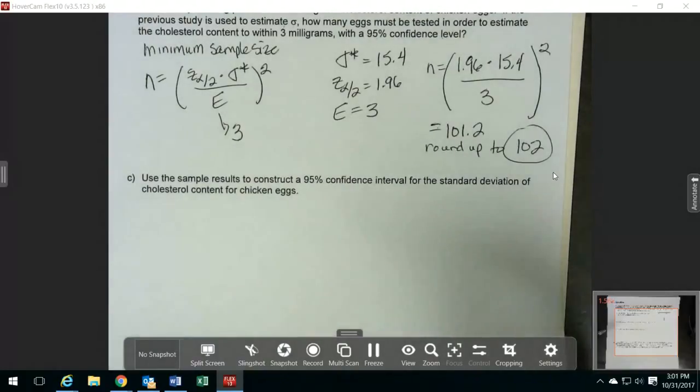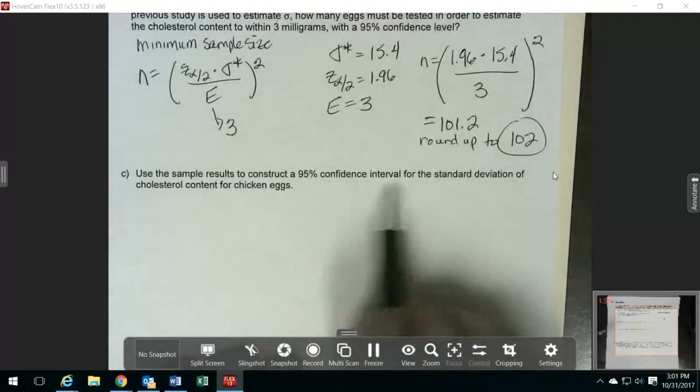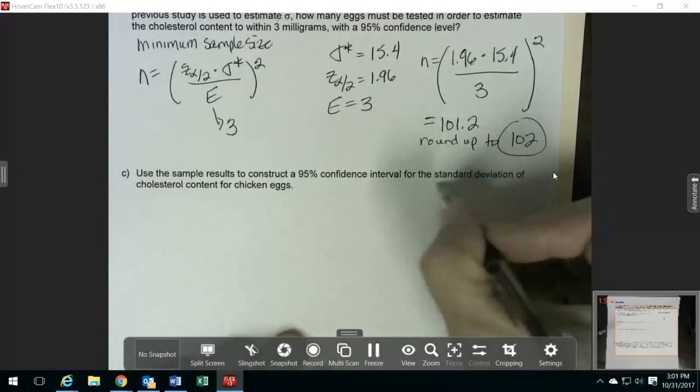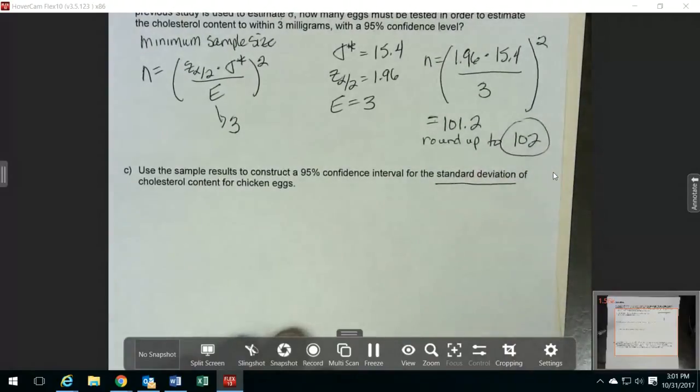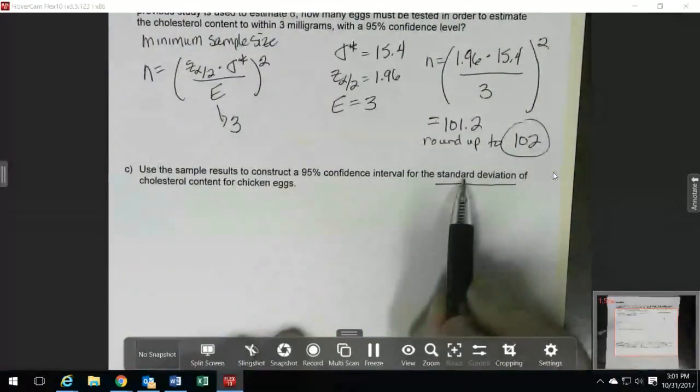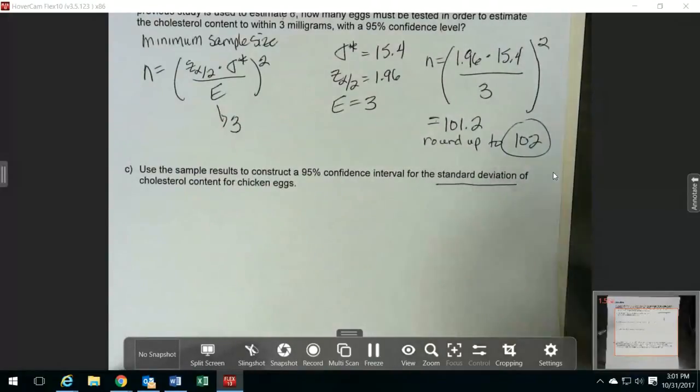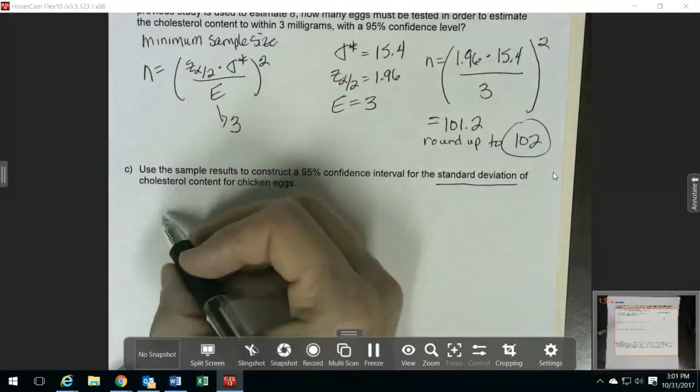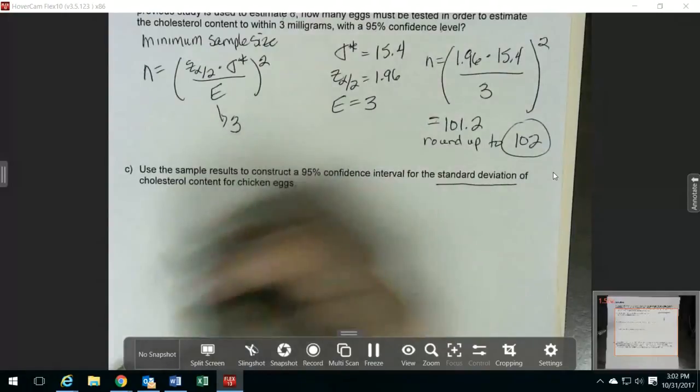Okay, last question is to find a 95% confidence interval for the standard deviation for the chicken eggs. So this time with the standard deviation, we have another different set of formulas. This one, we don't even have the margin of error.